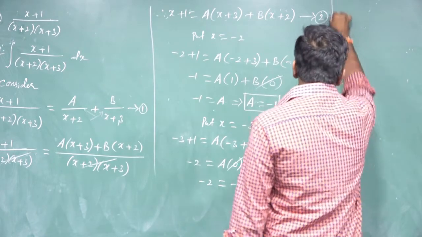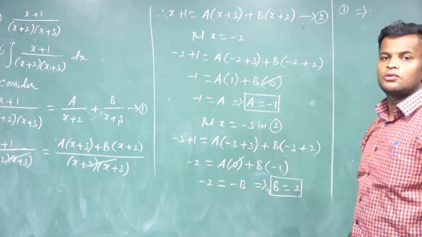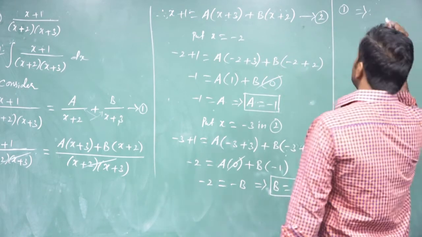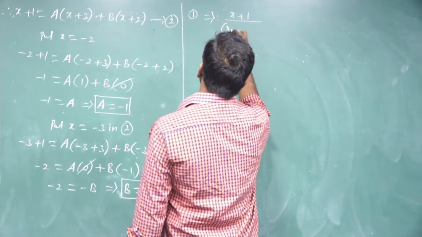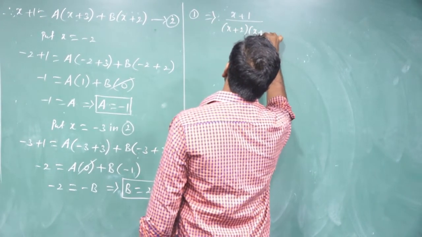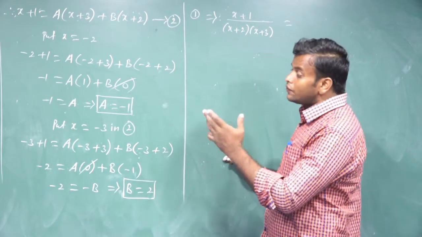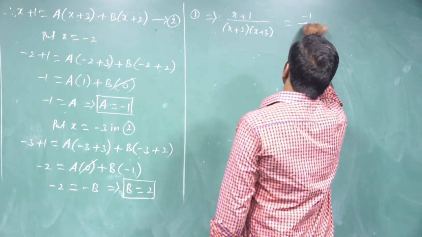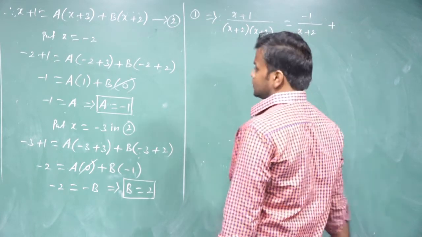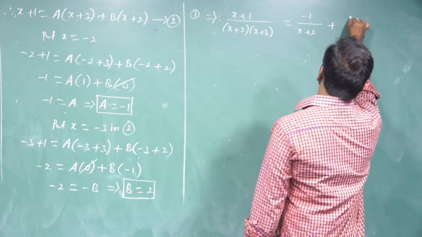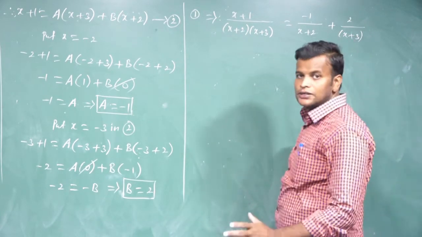So the LHS of 1, x plus 1 divided by x plus 2 into x plus 3, is equal to a, the value of a is minus 1 divided by x plus 2, plus b, the value of b is 2 by x plus 3.